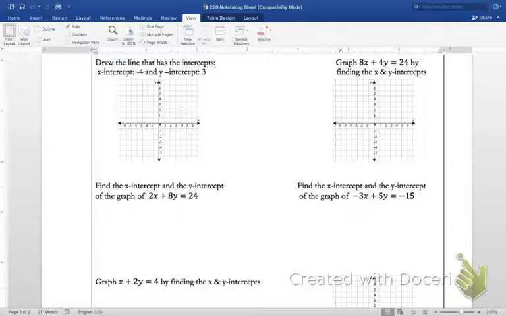Well, remember, when we're talking about an intercept, we really mean that it is an ordered pair. It's a point. And we just talked about that at an x-intercept, our y value is always 0. And they're telling us that our x value is -4. So I'm going to draw that point, big fat point at -4, 0.